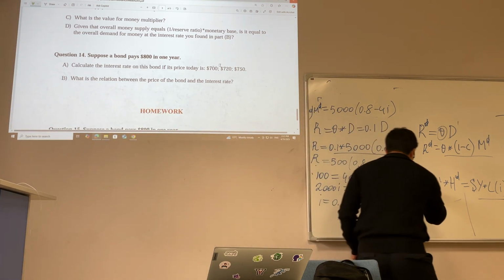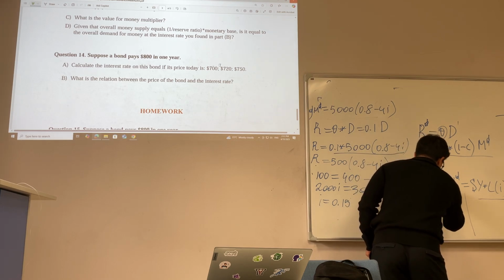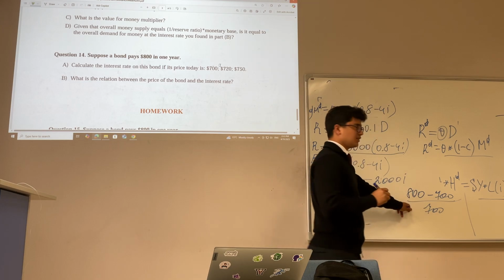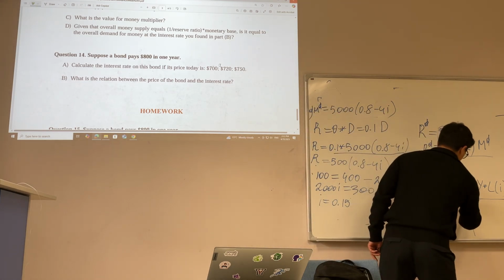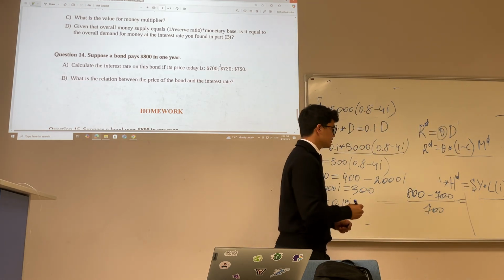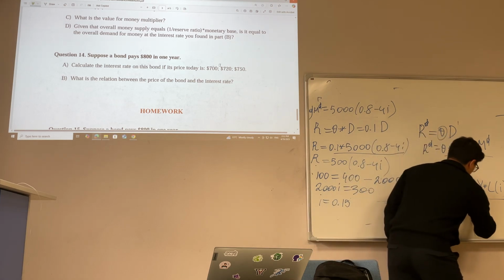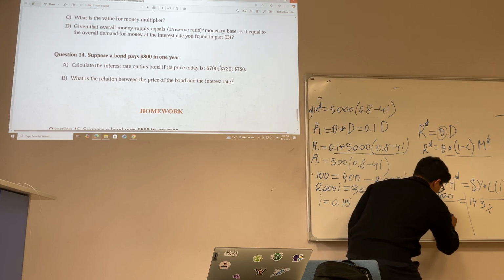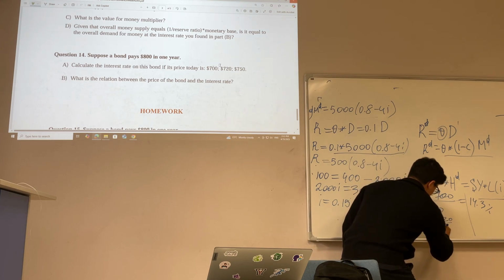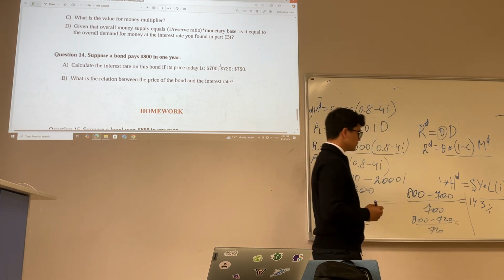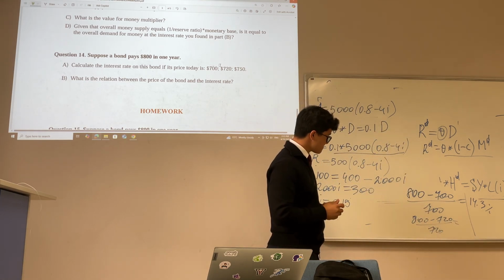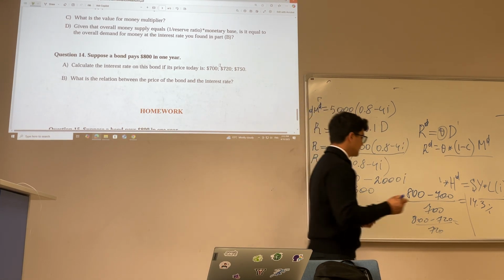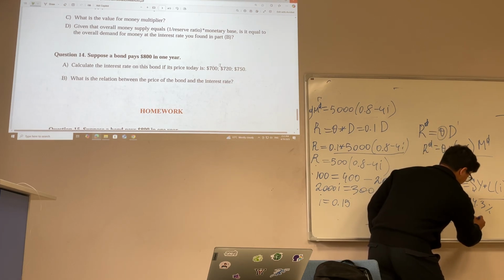For example, let's say 800 minus 700. How much is the interest rate? Can you guys calculate, please? 14.3%, right? And this one is how much? 11.11, right?